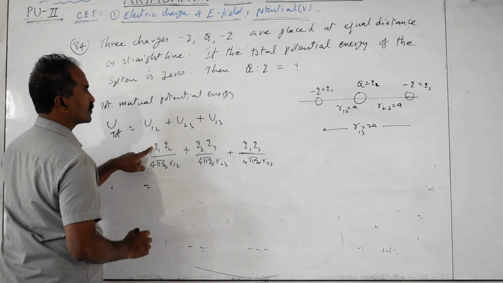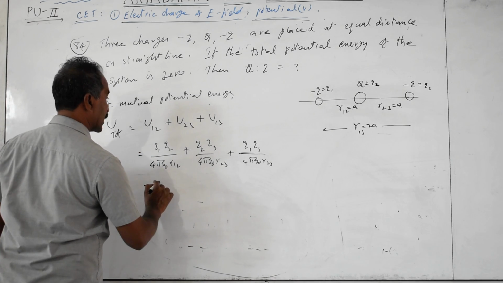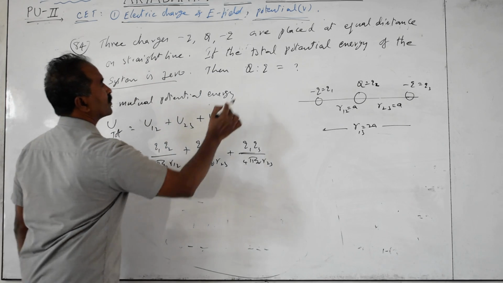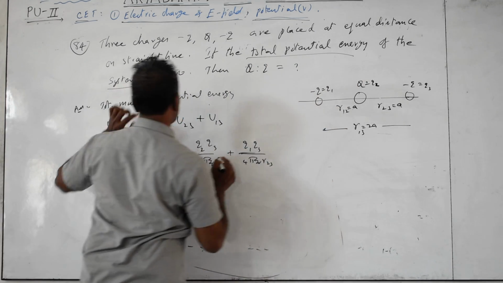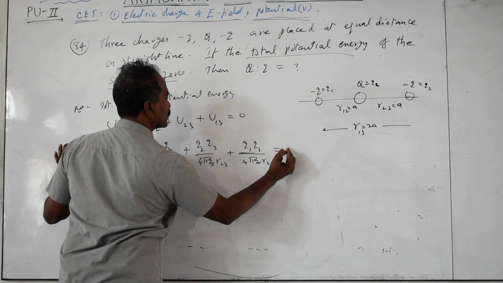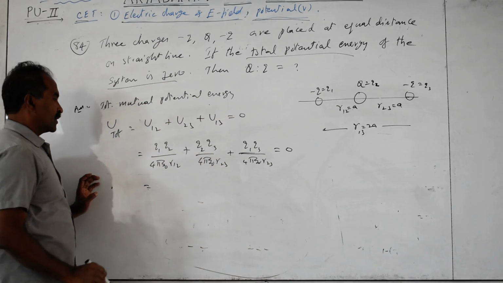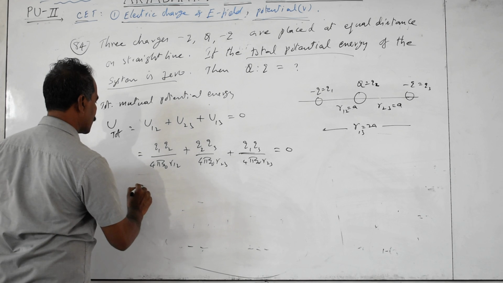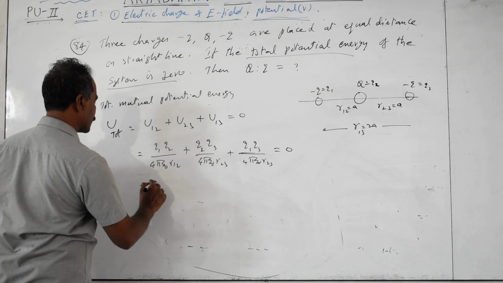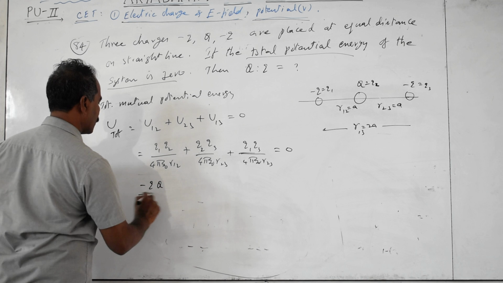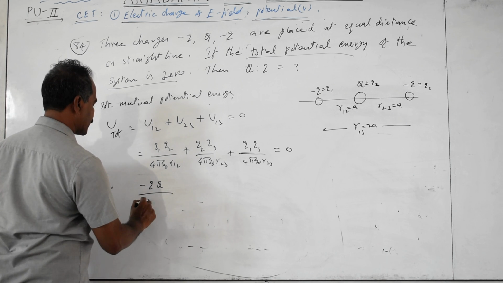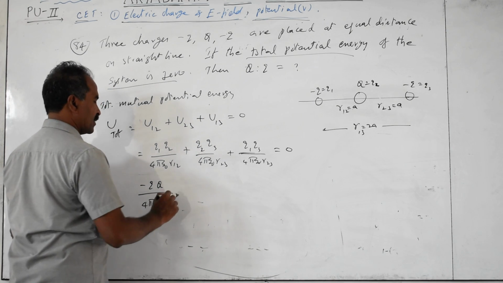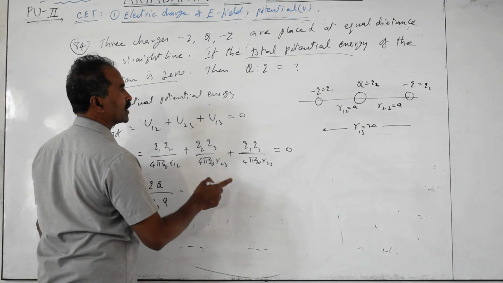Q1 Q2 is minus Q, and what is given in the question? The resultant potential energy is 0. Total potential energy is 0, therefore this equals 0. So this term becomes Q1 Q2, which is minus Q into small q, by 4 pi epsilon naught into R12 which is a, plus Q2 Q3.